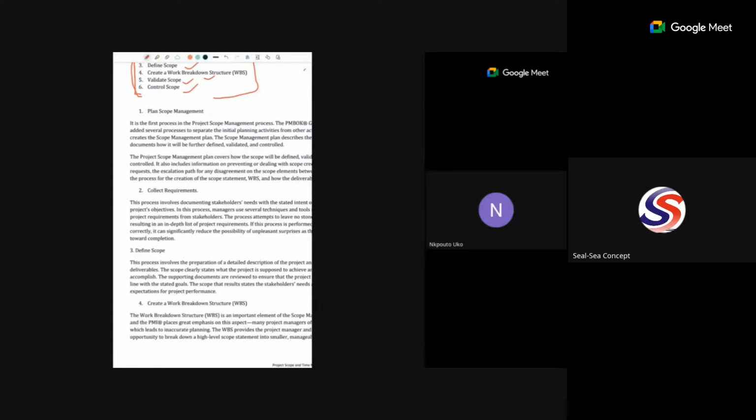Let me give you an instance. If the project is about erecting a building, the scope should not be diverted to buying a car. So even if there will be some adjustment to the scope, it will be, can we manage to build a particular store for security? That may be something the owner of the project is adding to the scope.